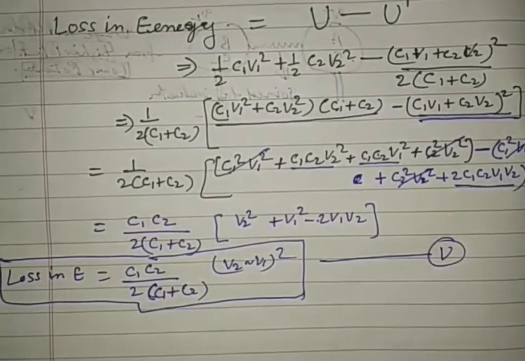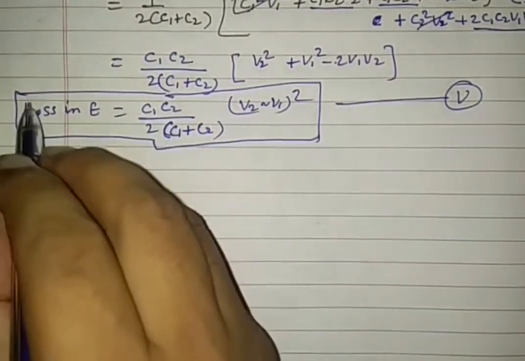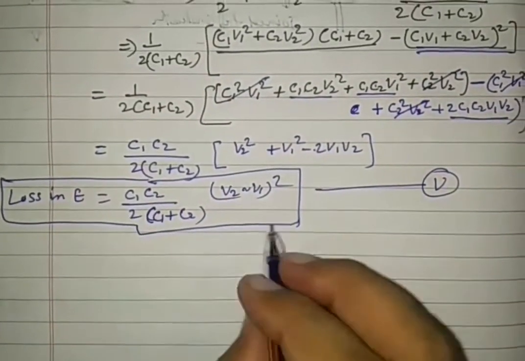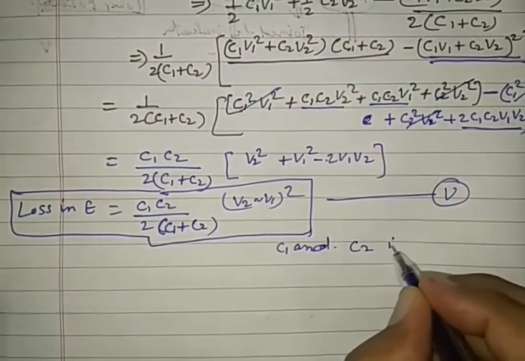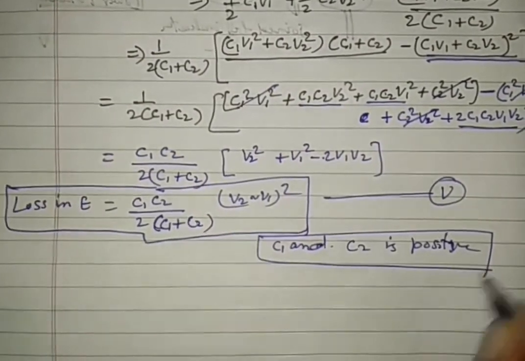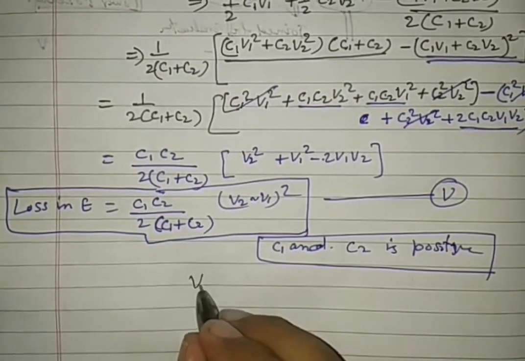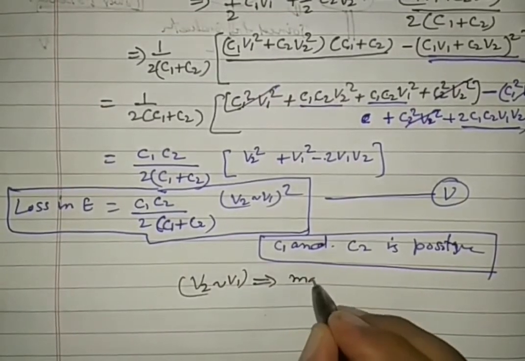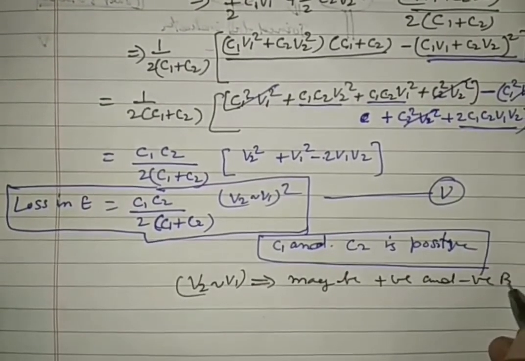Now see what the physics is after this long derivation and mathematics. This formula is very important. On the right hand side, C1 and C2 are always positive. But V2 minus V1 may be positive or negative.